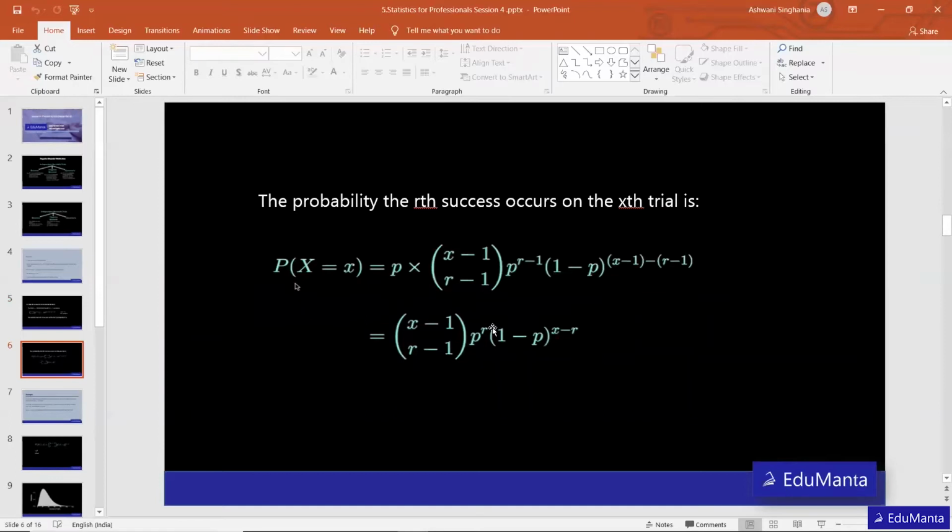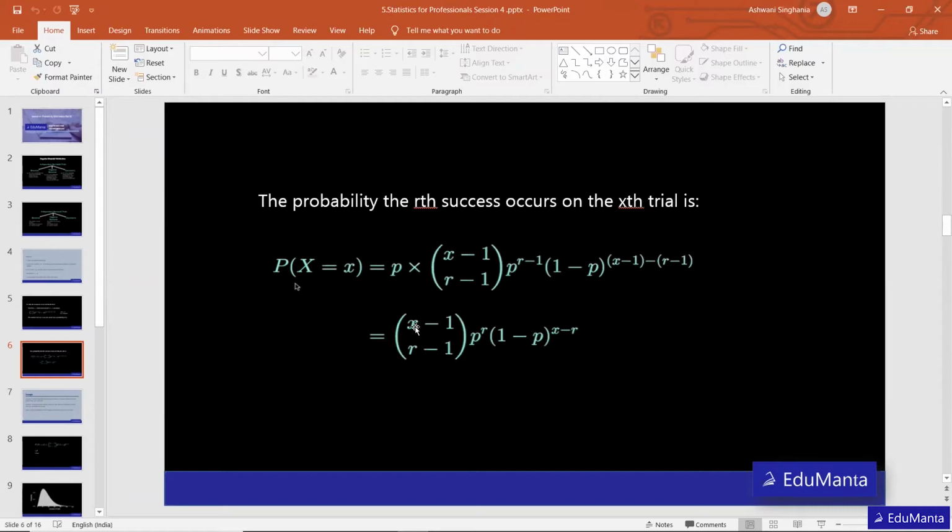The final formula for negative binomial will be the combination, multiplied by probability raised to power r, multiplied by 1 minus p raised to power x minus r, right? So we just have to see this formula. What is x?